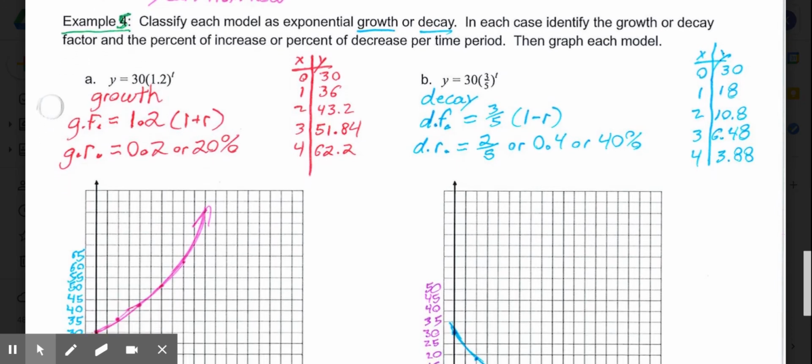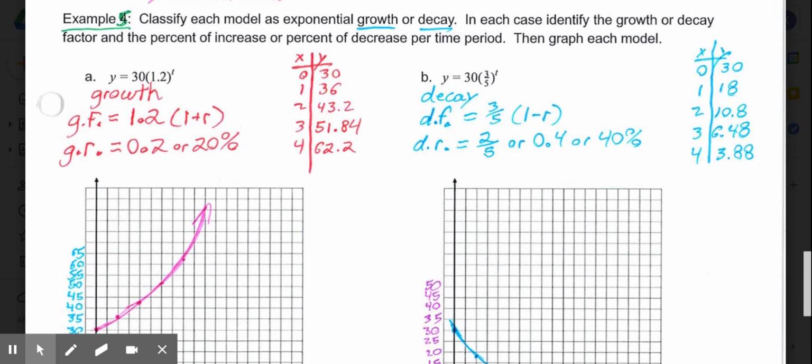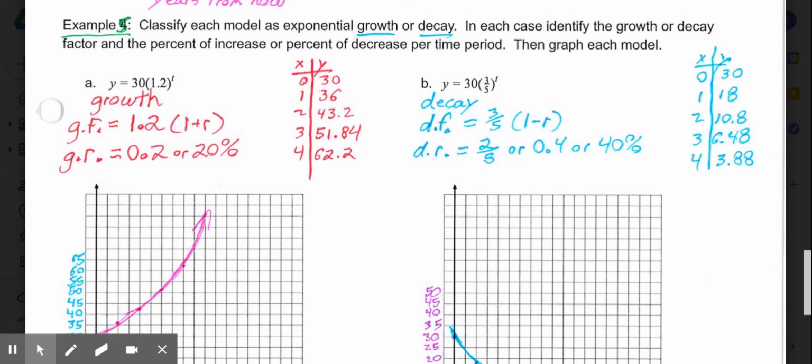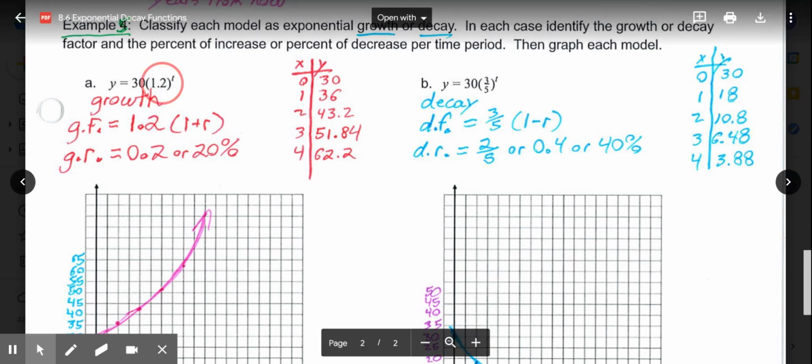And now example 5. And this one will be important for the upcoming practice sheet as well. We're going to look at two different models. The first thing they want us to be able to do is tell if it's growth or decay. So what you want to do is look at the number inside the parentheses to the t power.